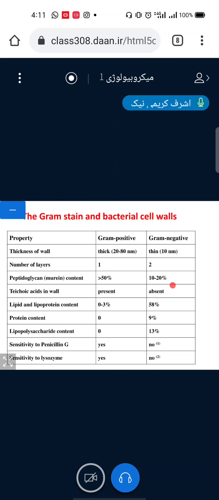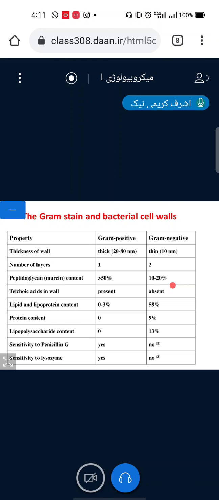Sensitivity to penicillin G. In gram-positive, yes. Gram-positive bacteria are sensitive to penicillin G, but gram-negative, no. And sensitivity to lysozyme, an enzyme.